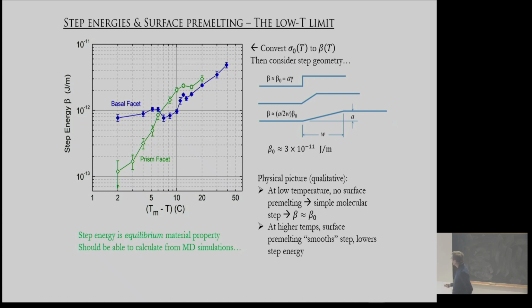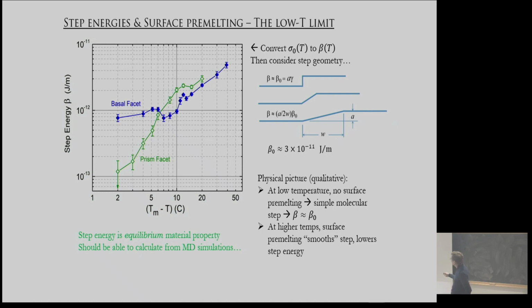Okay, and the step energy is, like I said, an equilibrium property of the material. So in principle, one should be able to measure that some way other than this, like with molecular dynamic simulations. That would be nice. We're not there yet, but in principle, one could verify this by measuring it. So the just very qualitative physical picture is that at low temperatures, you get a simple molecular step, and you're way up here in this region at some asymptotic value, you don't want to extrapolate your data too much, but nevertheless, that's what it is.